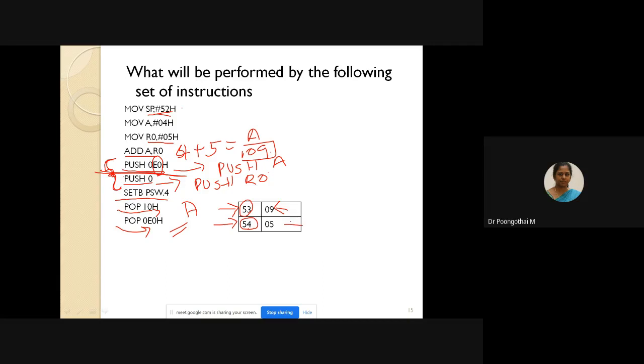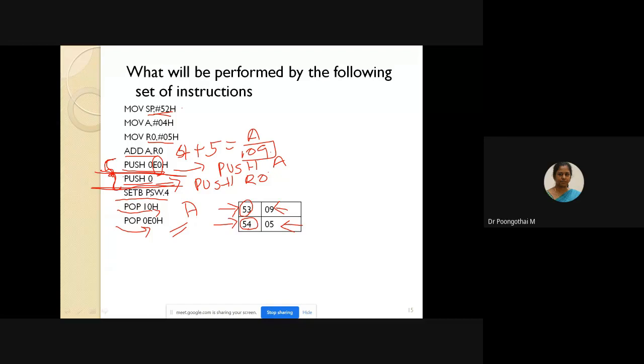Now your R0 holds 05, and that 05 is written into 54. So after execution of these two push instructions, your 53 memory location holds 09, and 54 holds 05. Is that clear?